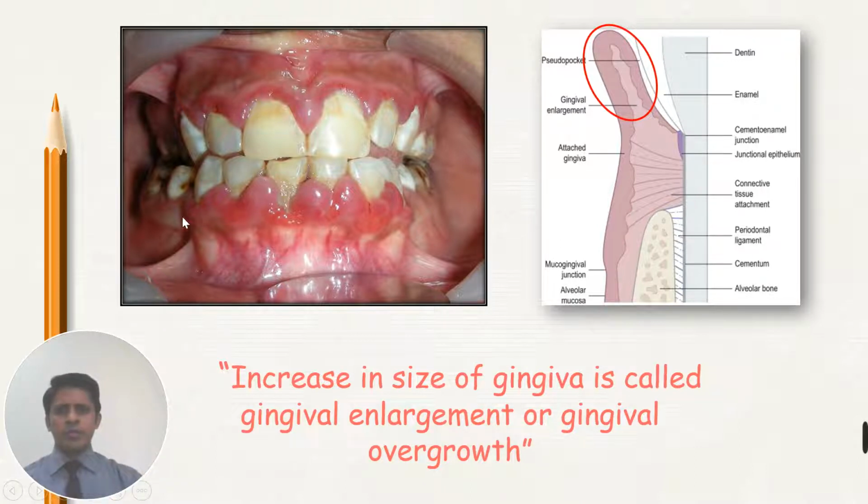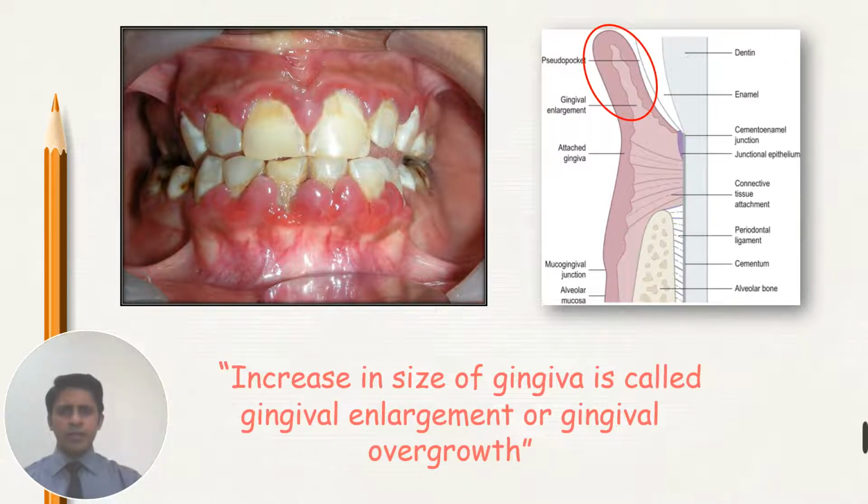In this picture, you can see the increase in the size of interdental gingiva, the marginal gingiva and also the attached gingiva. In the maxillary arch, you can see the increase in the size of interdental gingiva and the marginal gingiva. So, increase in size of gingiva is called gingival enlargement or gingival overgrowth.